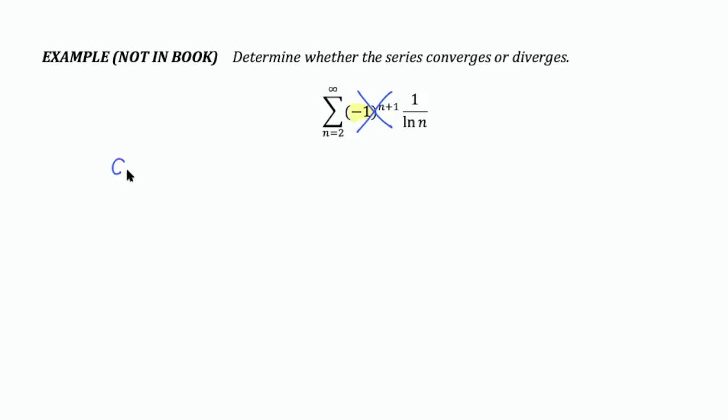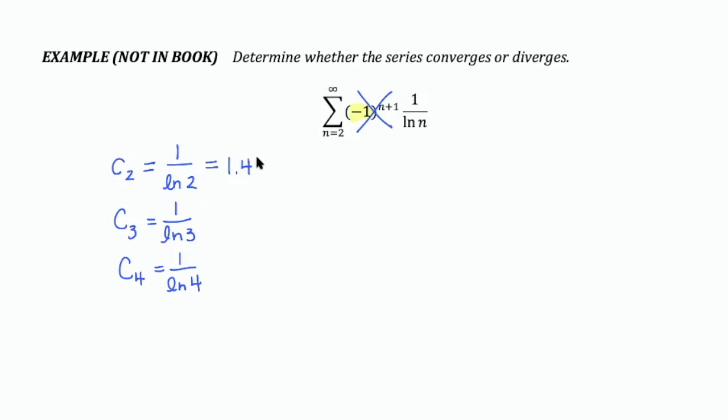So here I would begin with C sub 2 because n is beginning at 2, and that would just be 1 over the natural log of 2. C sub 3 would be 1 over the natural log of 3. C sub 4 is going to be 1 over natural log of 4. And I need to check out these values and make sure that they're decreasing.